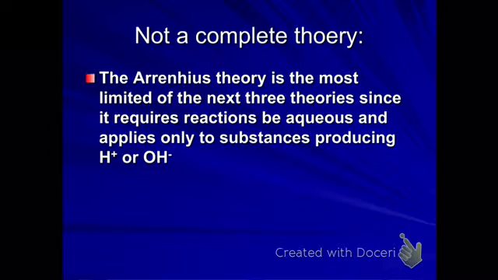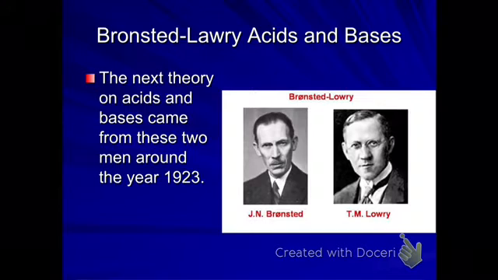So obviously the Arrhenius theory is definitely incomplete. We have a lot of issues going on here. The Arrhenius theory is one of the most limited, kind of closed-minded theories of acids and bases. They have to have H+ and OH- in their formula. But, as I'm about to show you, that's not always the case.